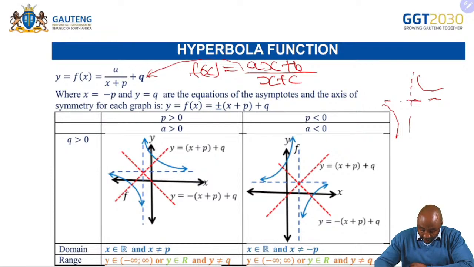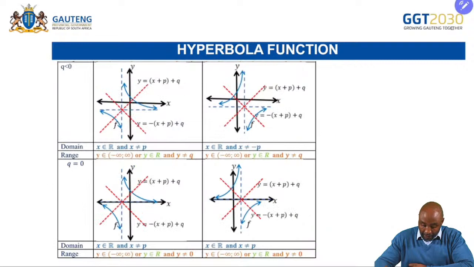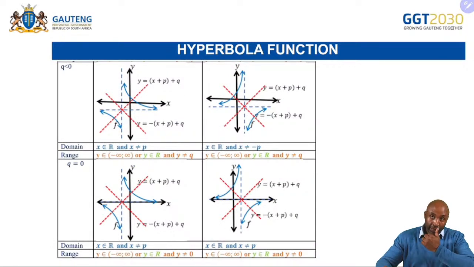And the range also, we exclude our horizontal asymptote. y is an element of real numbers, but y cannot be equal to q, depending on where our horizontal asymptote is at. You will see as we attempt questions. As you can see, those are the different orientations as we change our values of p and q, and you are able to see that.